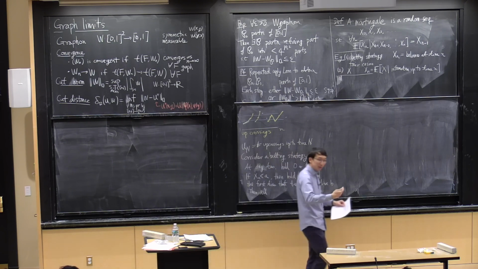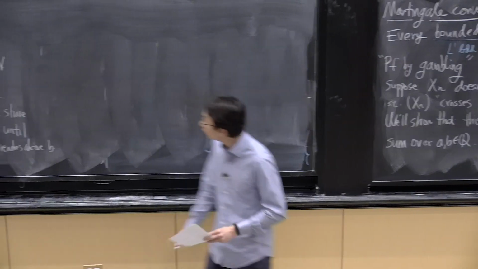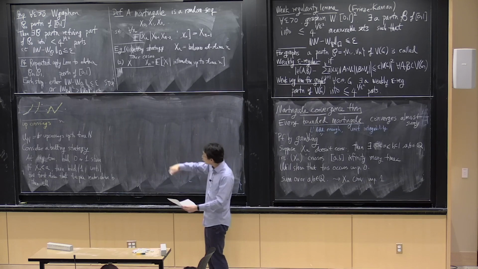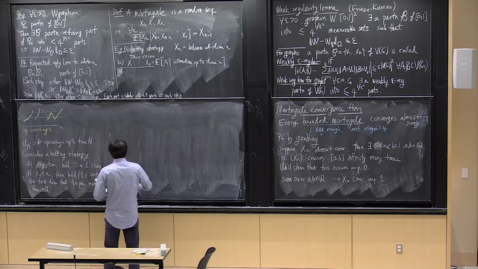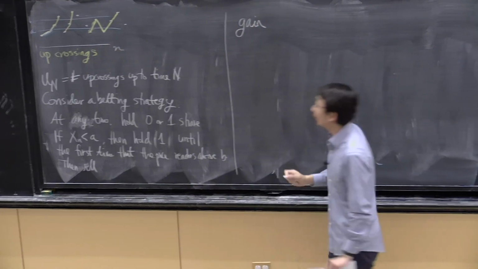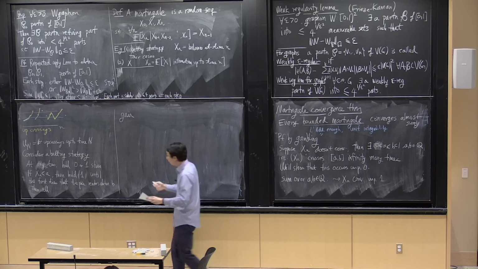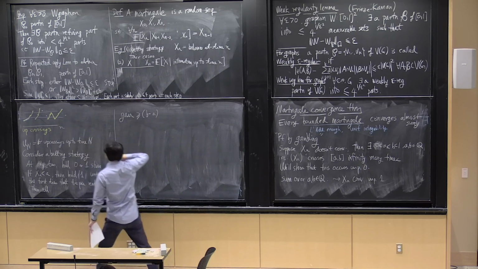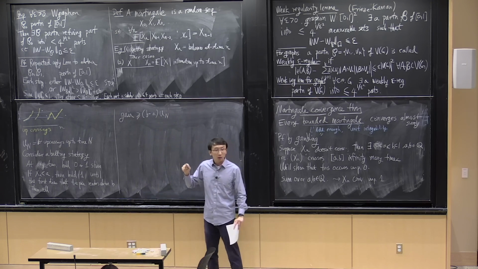It's something you can implement: if you see a sequence of prices, you can implement this strategy. And you already hopefully see that if you have many upcrossings, then with each upcrossing you make money. This is almost too good to be true. In fact, the total gain from this strategy is at least the difference from A to B times the number of upcrossings.